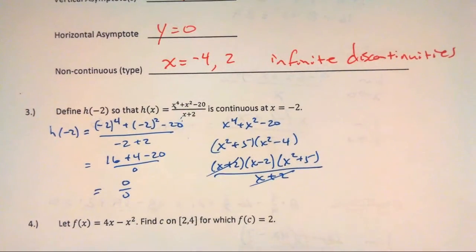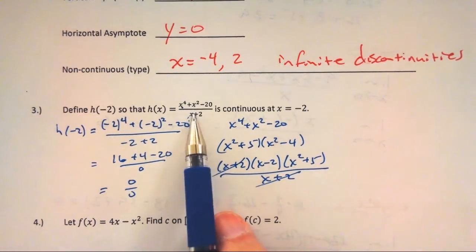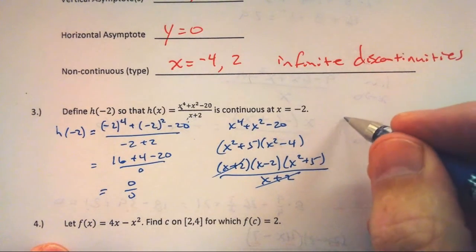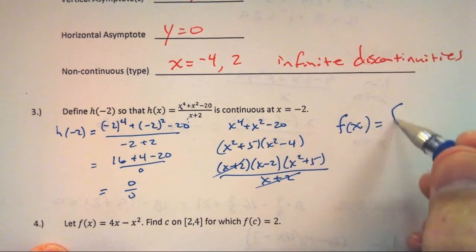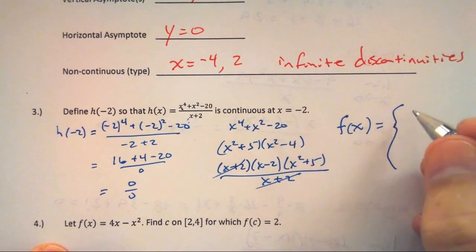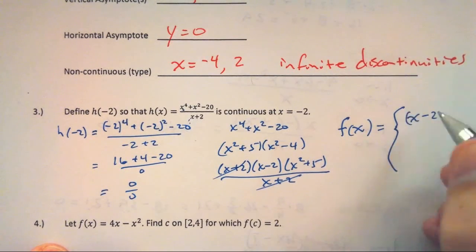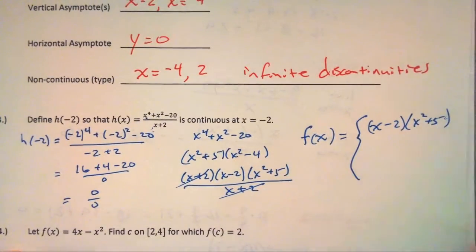So here's the deal. This function, I haven't graphed it. I don't know exactly what it looks like. I know we do have a hole in the graph at -2, but this graph wants to look like, I'm going to define it as f of x. For the most part, this graph looks exactly like x minus 2 times x squared plus 5. I started thinking this was piecewise.